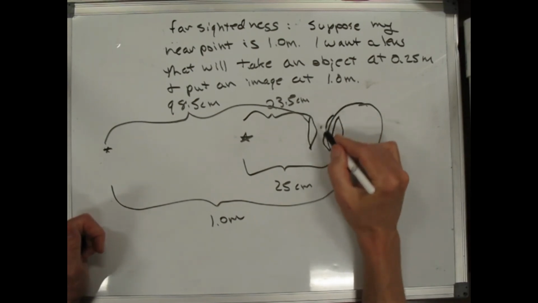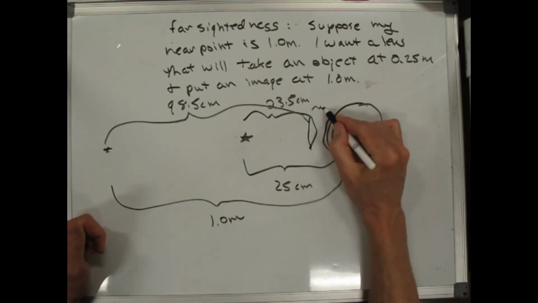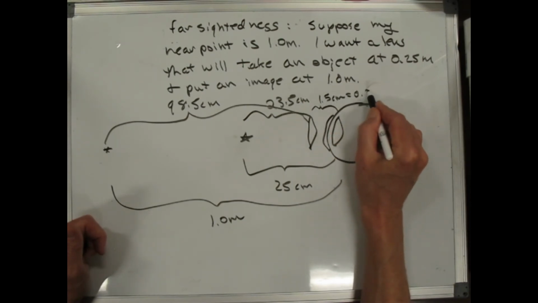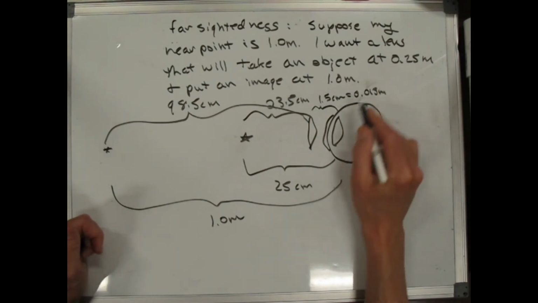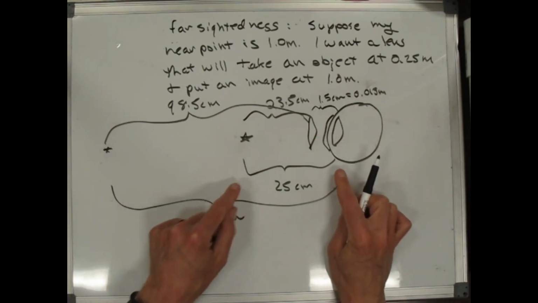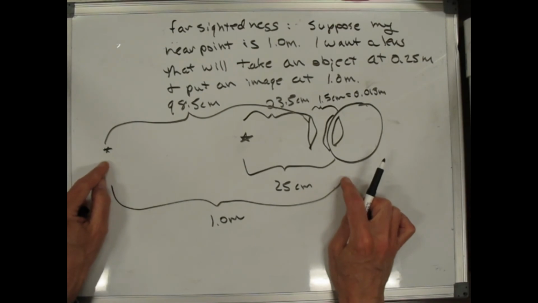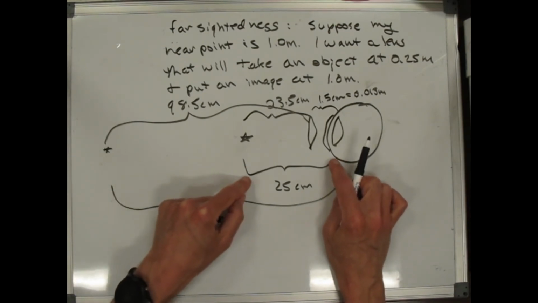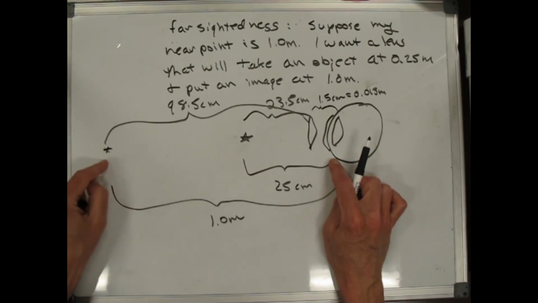This lens is again 1.5 centimeters from my eye, because it's on glasses frames. My eye can only focus as close as this, and so I want to take something that's near me and create an image of it back here so that my eye can see this thing, right?